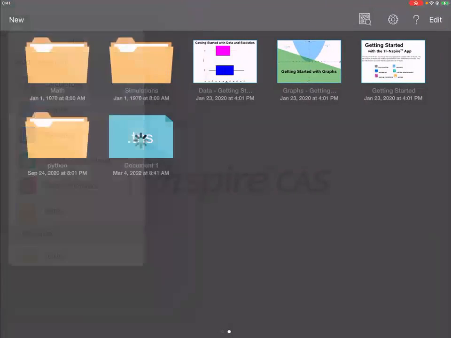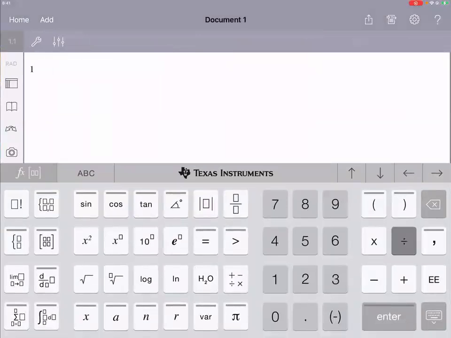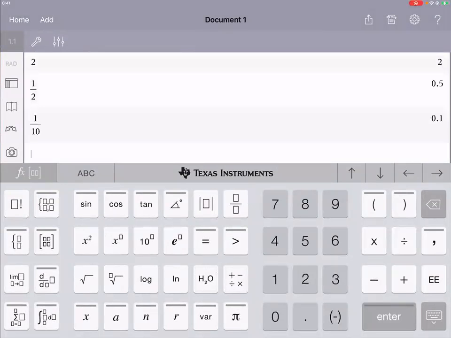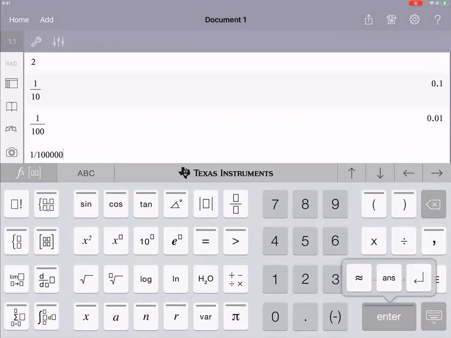How about we use a calculator. 1 over 2, you get 0.5, right? 1 over 10, you get 0.1. 1 over 100, you get 0.01. 1 over 100,000.